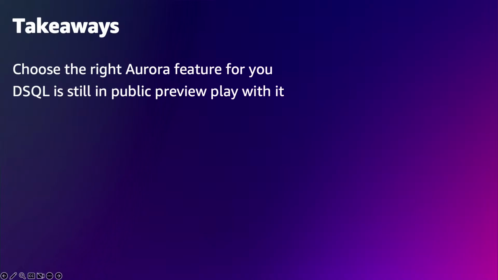If you have global requirements, then you can't use Limitless because right now it's only one region. You can't go to production with DSQL for obvious reasons. It's still in preview. And again, there are features which are not okay.